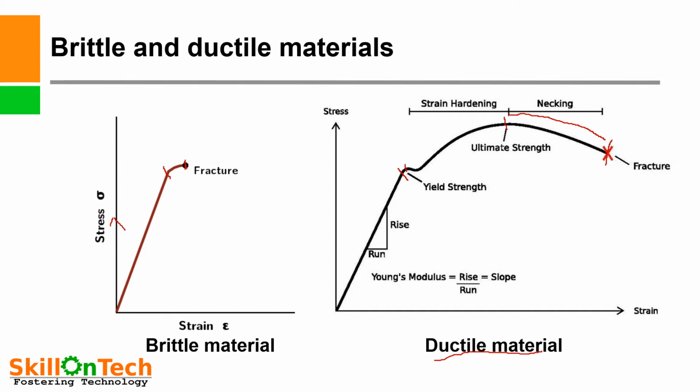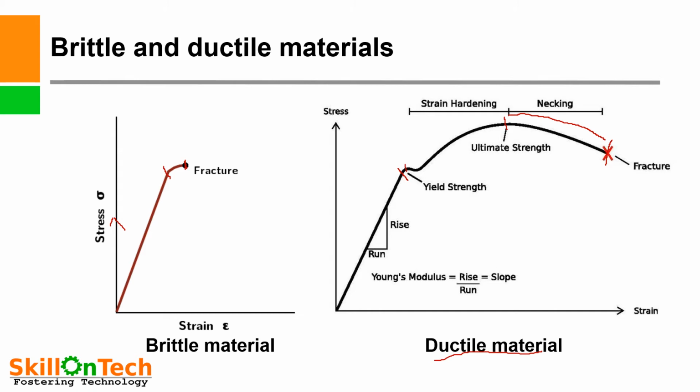So what we see, ductile materials give a plastic deformation, and the fracture occurs at the very last, and it gives a confirmation that the material is behaving in a ductile manner.